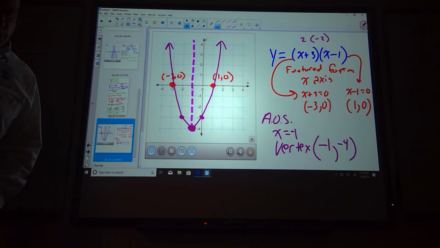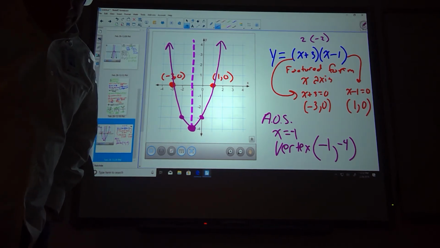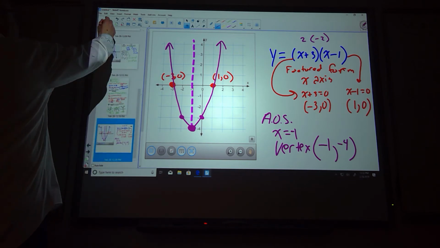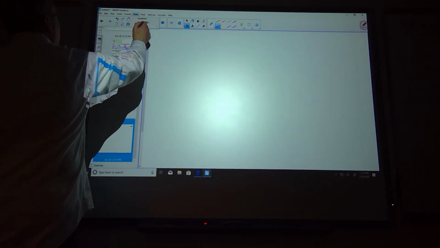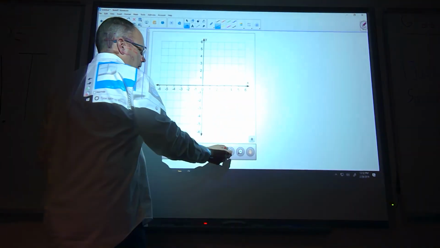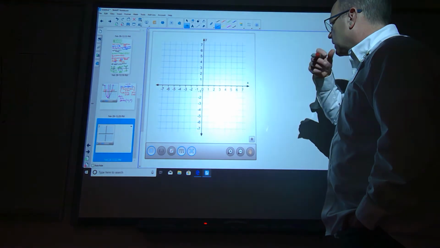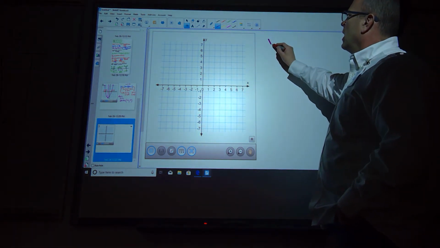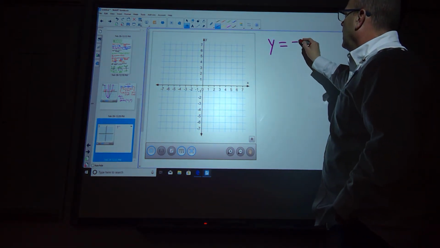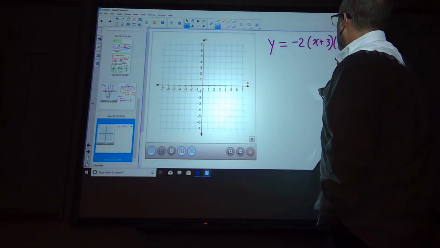Let's try one more. All right, let's say I had y equals negative 2, x plus 3, x minus 1.